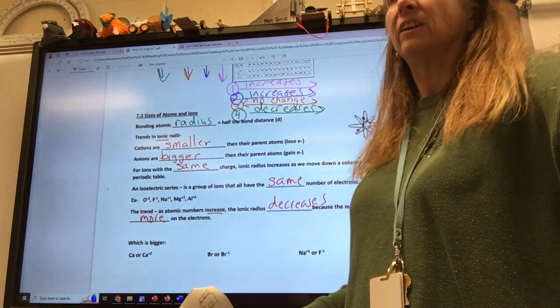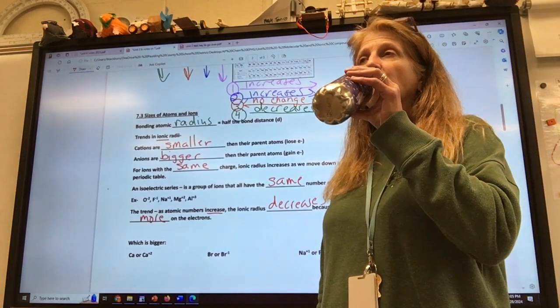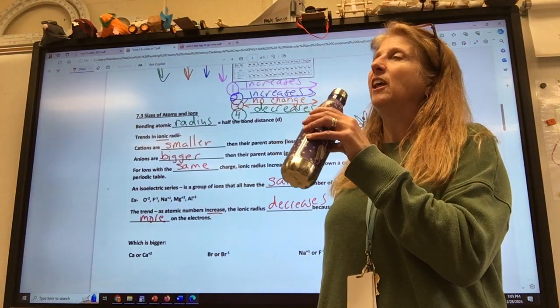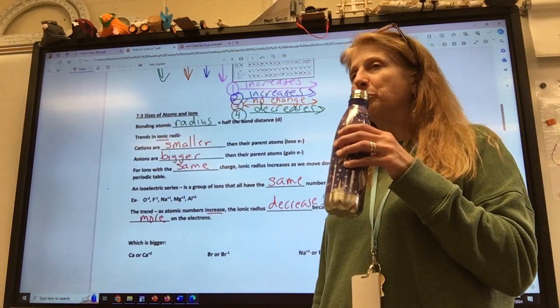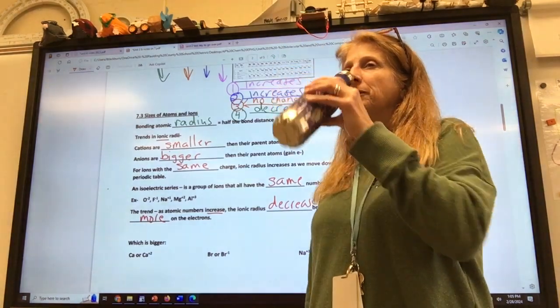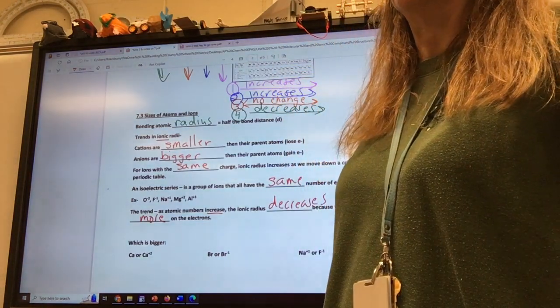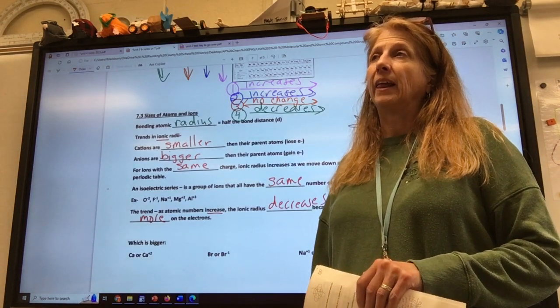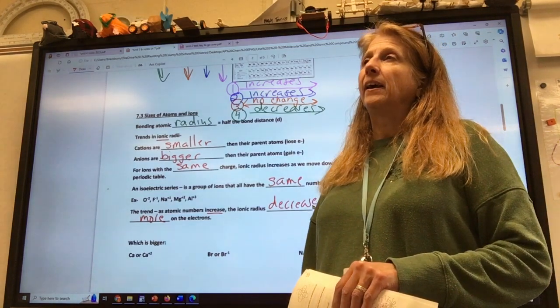So basically, why do they all have 10? Because they've all gained or lost electrons when they became an ion to be like neon. They all want to be noble gases when they grow up. It goes back to our octet rule. They all want to be the noble gas, or at least feel like it. Why does aluminum want to be neon? Is it because it's closer to neon than it is to argon?